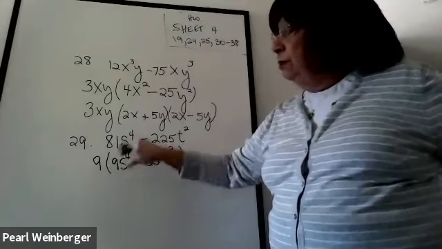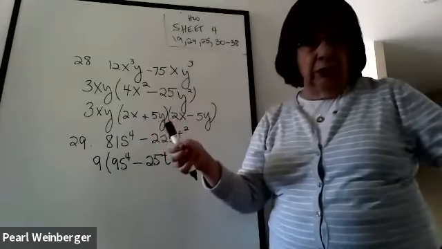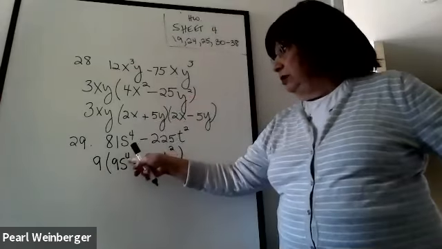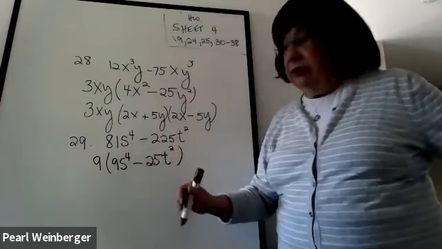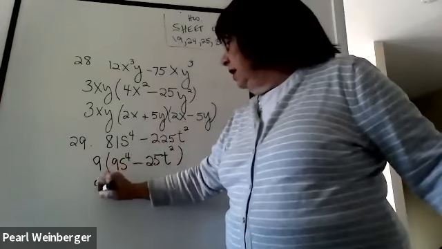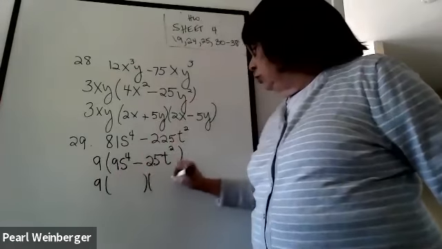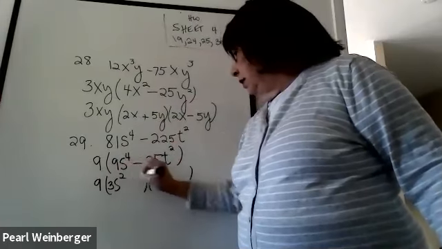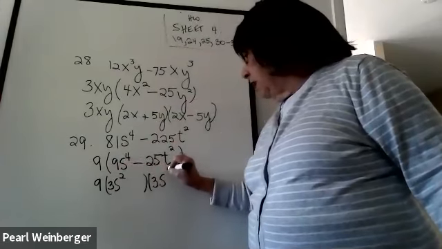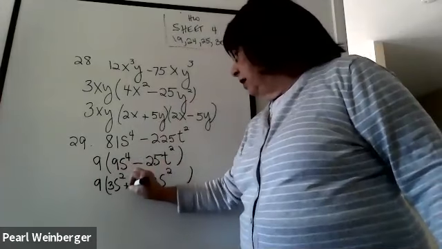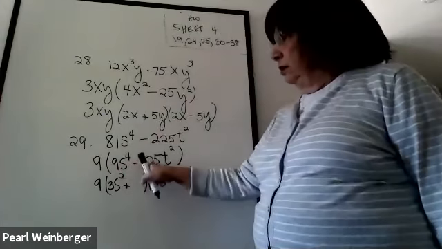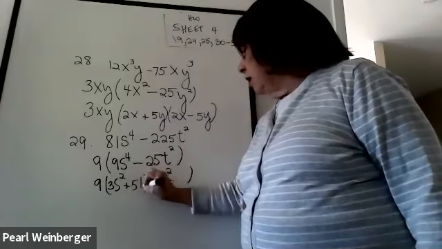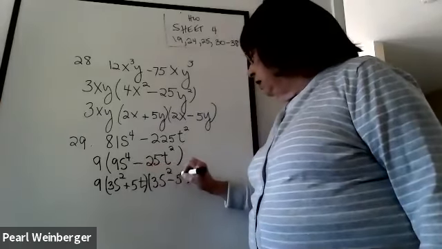As soon as your exponent is an even exponent, it's a perfect square, because s squared times s squared will give you s to the fourth. So I leave this 9 on the outside. Here are my 2 binomials, 3s squared and 3s squared, plus and minus, because this is minus. And 25t squared is 5t and 5t.